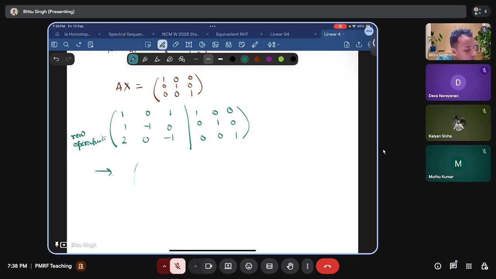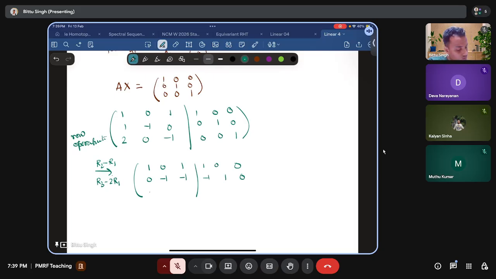R2 minus R1, and then R3 minus 2R1. So the first row is fixed: 1 0 1 | 1 0 0. Then 0, -1 and -1 | -1 1 0.